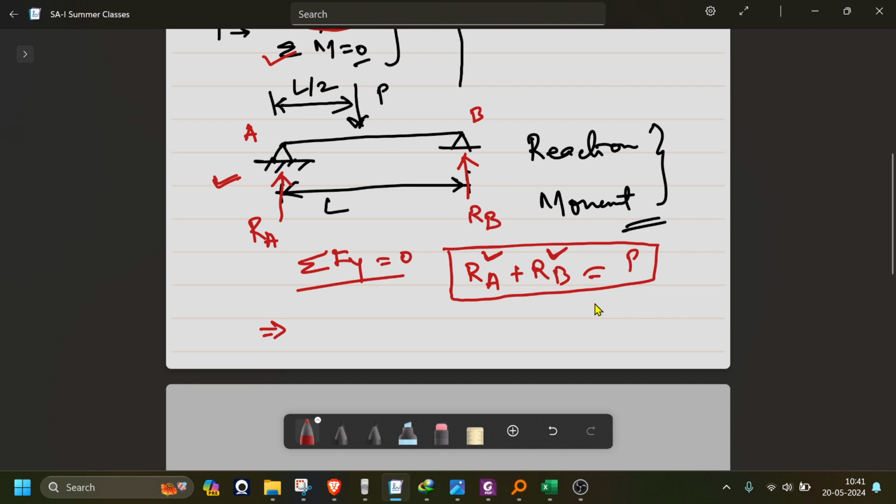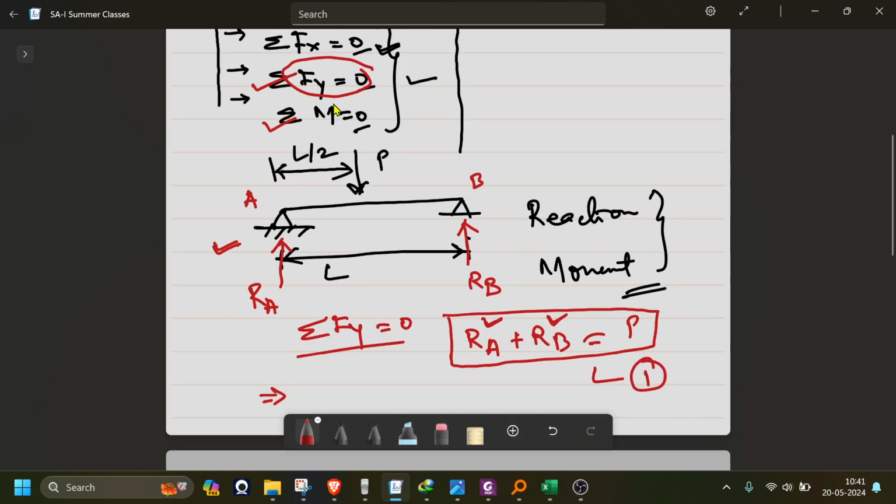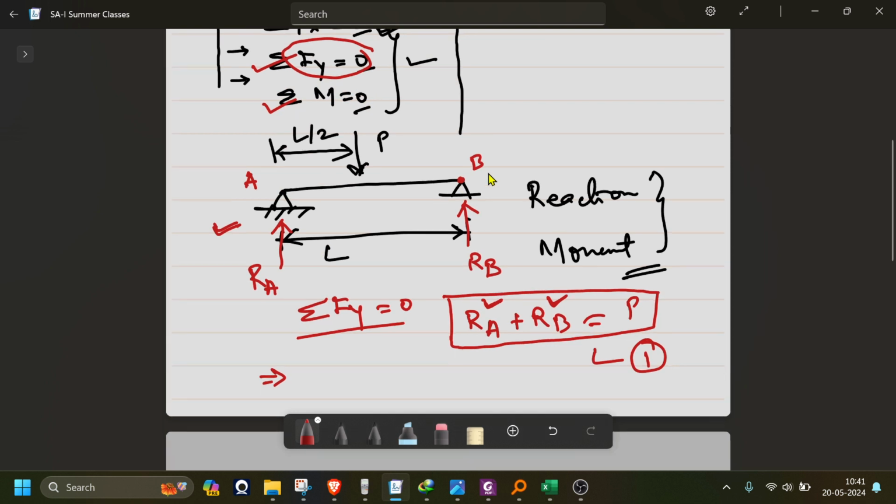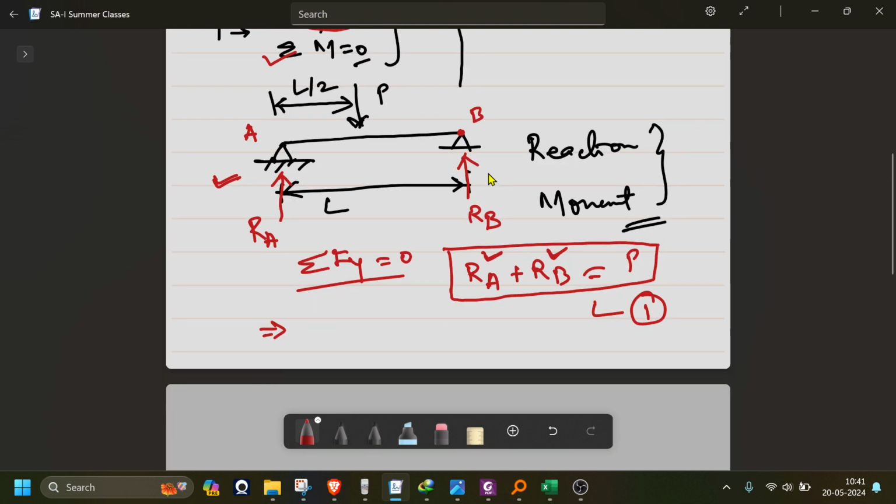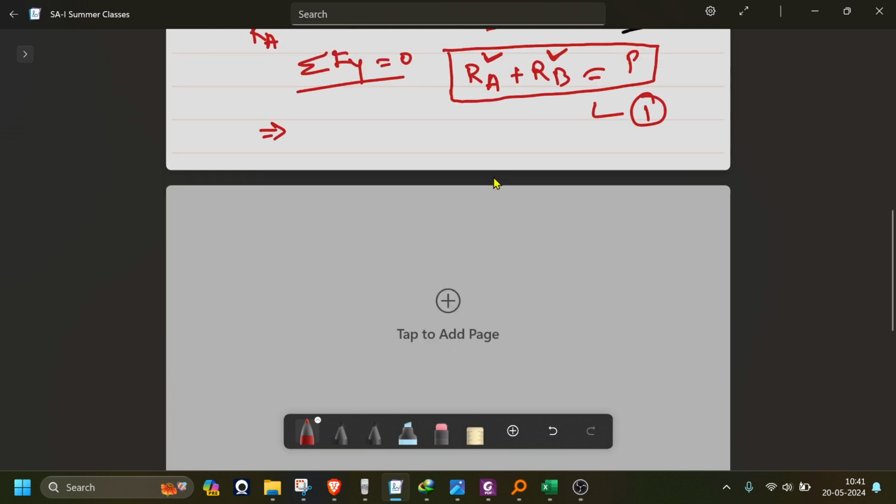This is my first equation, and the second equation is summation of moments equals to 0. So I will take the moment about B or about A. Either one, and I can find the reactions, right?